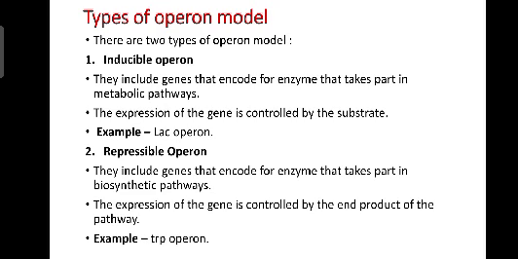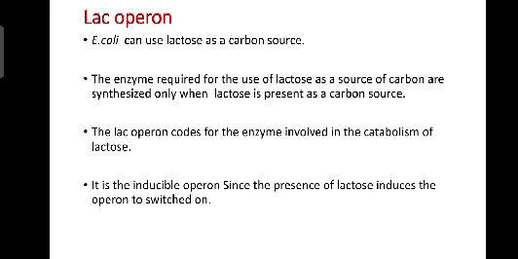And number two is repressible operon. They include genes that encode for enzymes that take part in biosynthetic pathways. The expression of the genes is controlled by the end product of the pathway. For example, trp operon.